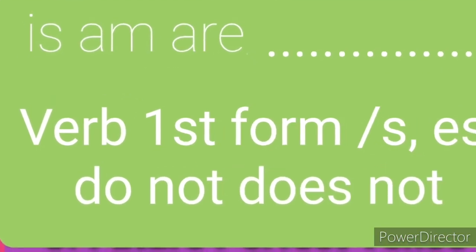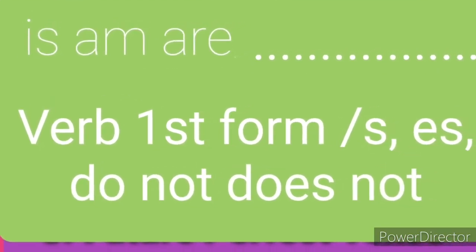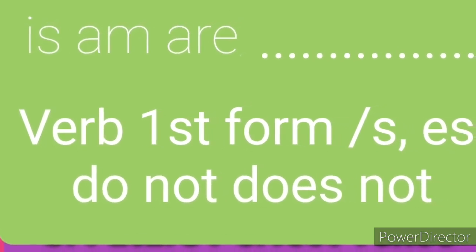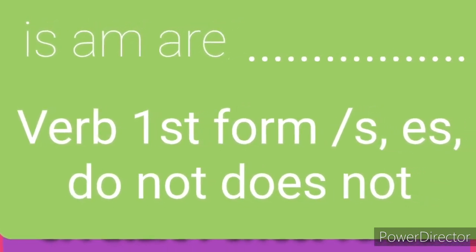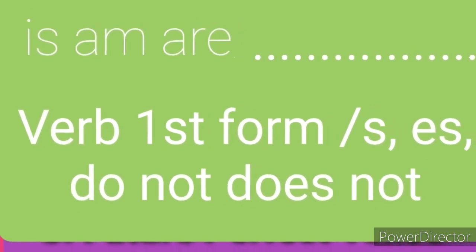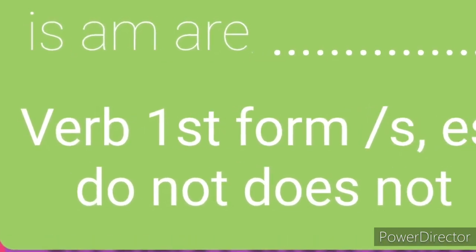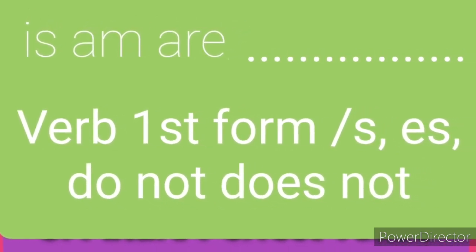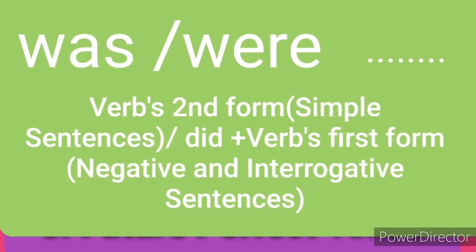And if the sentence is negative, does not or do not. And if interrogative, then the question word with does or do. Basically you are supposed to use the first form of the verb with do, does, or s or es if is, am, are is there in the sentence.